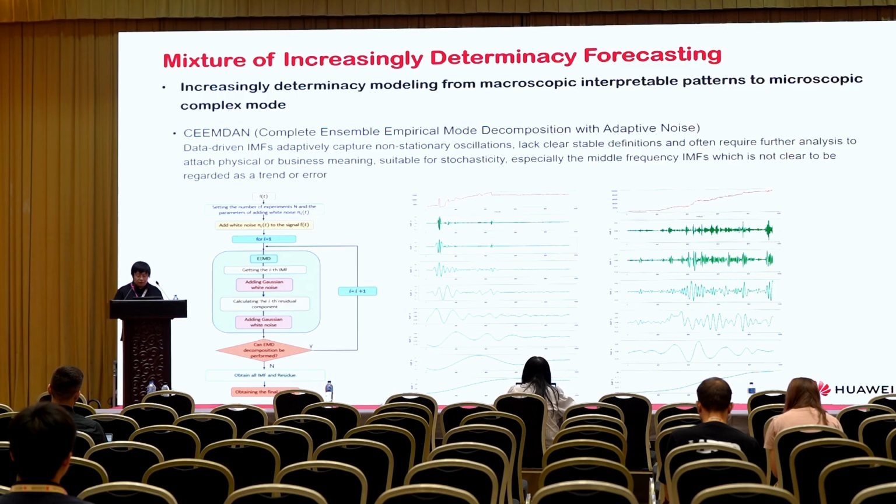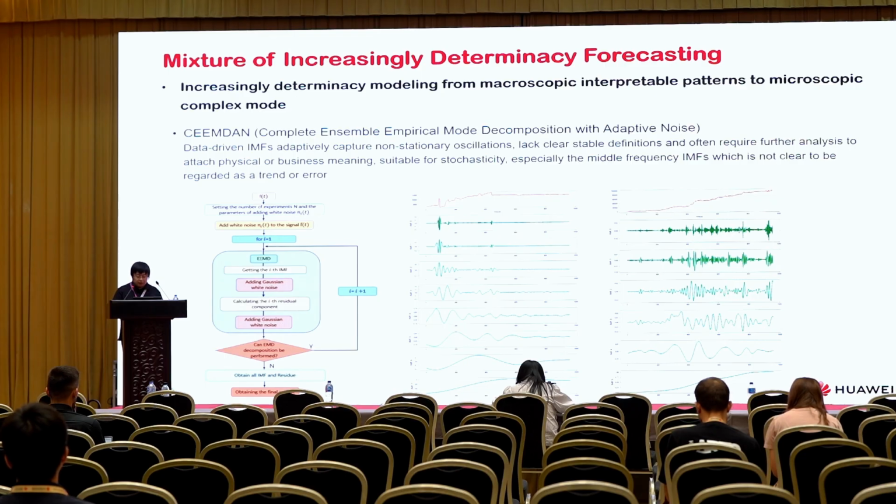Unlike traditional approaches such as wavelet transforms that rely on predefined basis functions, the intrinsic mode functions generated by CEEMDAN emerge purely from the data's inherent structure, making them particularly effective for analyzing signals with stochastic, nonlinear, and non-stationary properties.